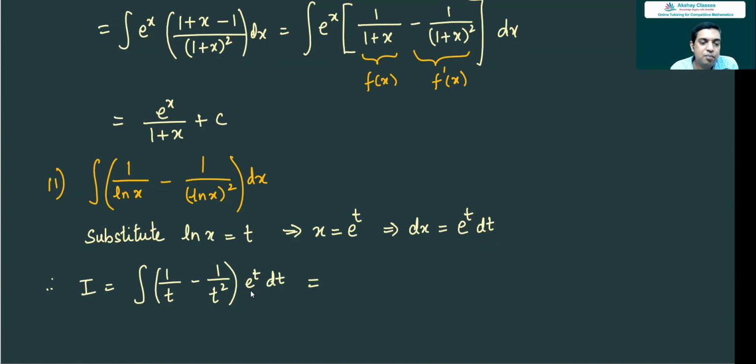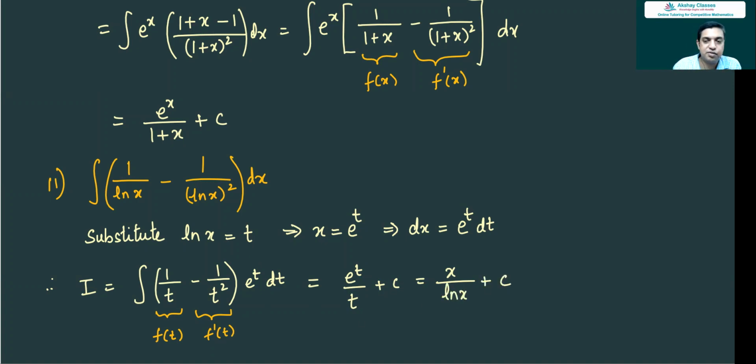Now this is in the form e power x into f of x plus f dash x. So if this is taken as f of t, this is f dash t. So f of t plus f dash t, you should get, not minus. So this minus sign is included within the derivative. So this becomes e power t upon t plus c. Now e power t is x and t is log x. So this is the result.